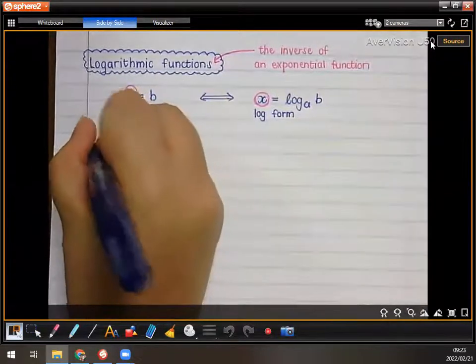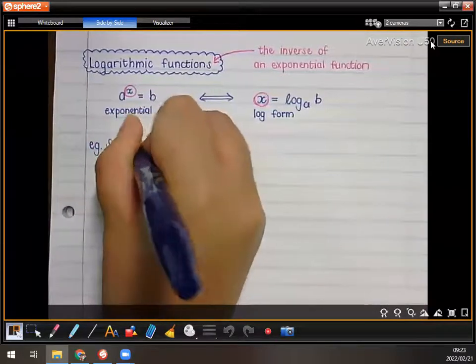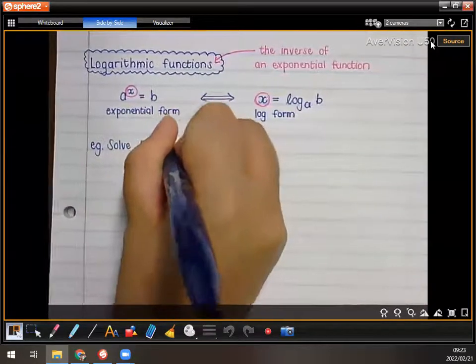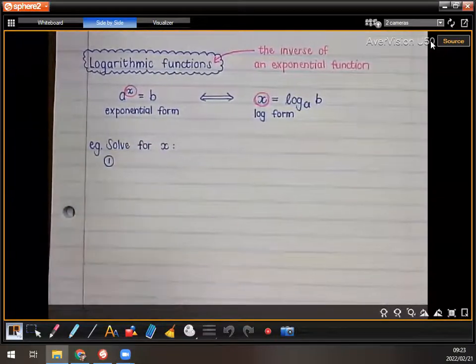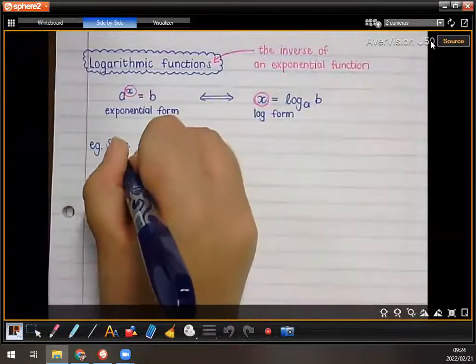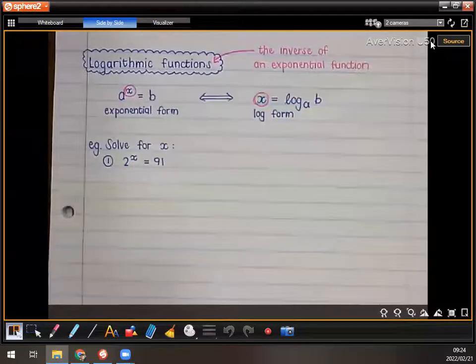All right, so for example, if we are asked to solve for x, let's actually do that one that I did: 2 to the power of x is equal to 91.